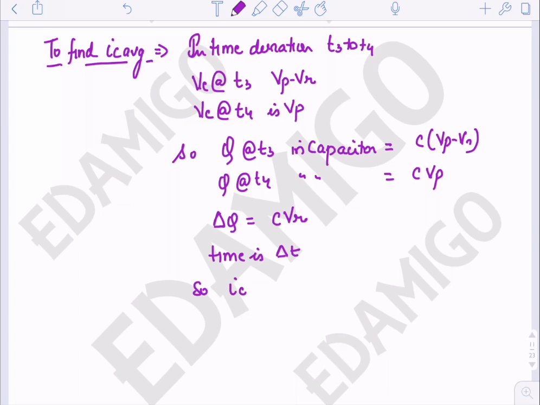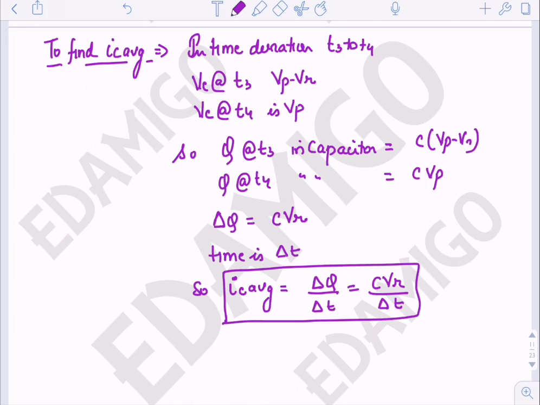So we can say that IC average will be delta Q upon delta t, that is C Vr upon delta t. This is the IC average flowing in the capacitor.